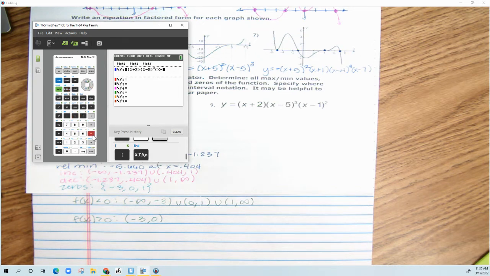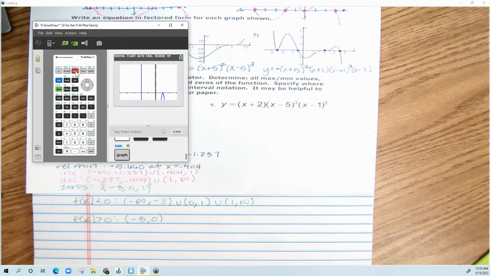This one is already factored, so I really shouldn't have any questions about where the x-intercepts are, but if you want to double check, the calculator will tell you. I don't really know what window I want to use here, so I'm just going to hit graph and hope for the best. If I look at this equation, it is also even and positive, so it should be going up on both ends.